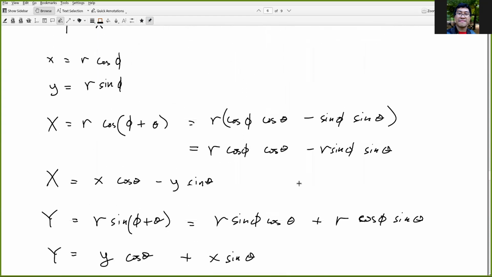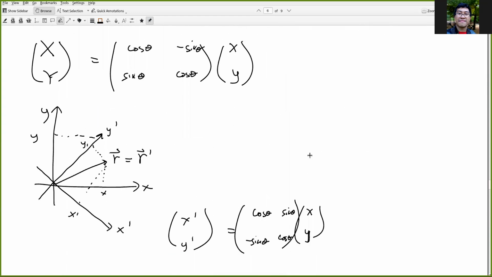Take note that this matrix looks similar to this one apart from the negative sign. Basically, we can think of it as replacing theta by negative theta. With negative theta replaced here, cosine theta is kept, and the sine of negative theta is the negative of the sine. So this becomes positive sine theta, and this becomes negative sine theta.